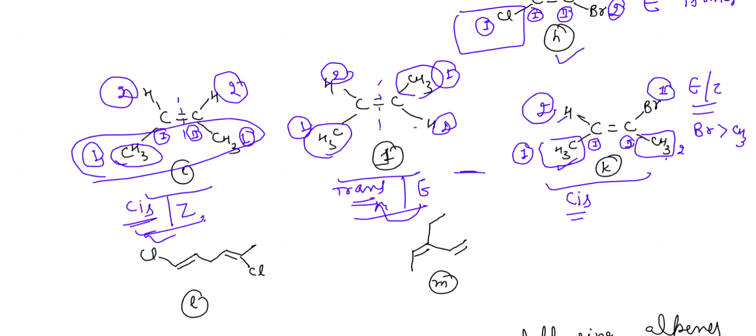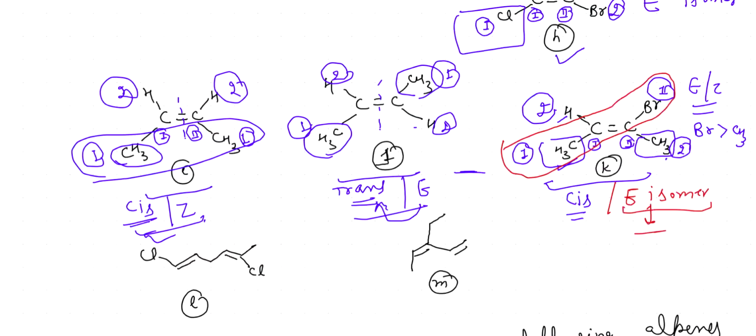In this, the high priority groups are present on the opposite side of the double bond. So it will be designated as your E isomer. E isomer is that in which the high ranking groups are present on the opposite side of the double bond. So it is not necessary that E is always trans or Z is always cis. It may be any possibility.